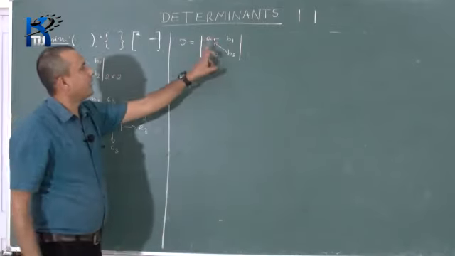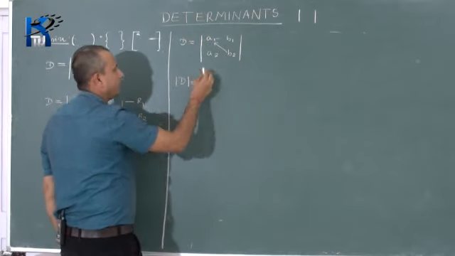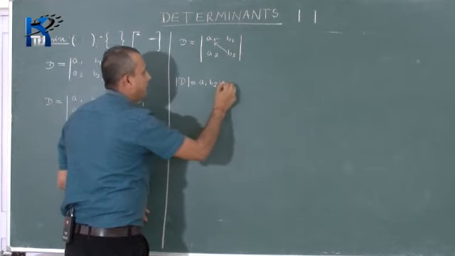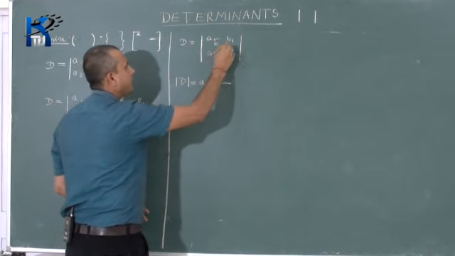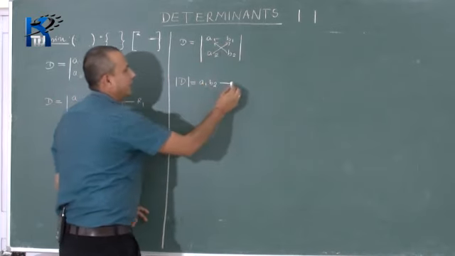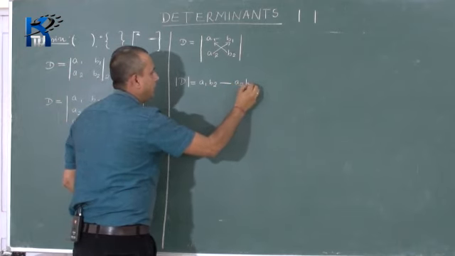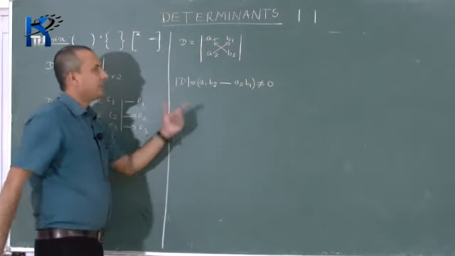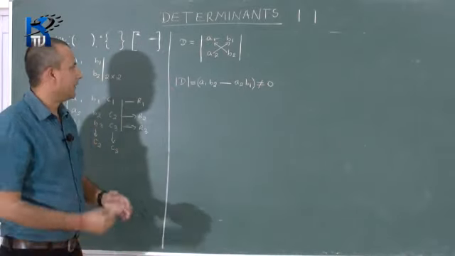Multiply these two quantities, what you will get? A1 B2, then minus the off-diagonal element this way, A2 B1. This is the magnitude of the matrix, and this is called the determinant.